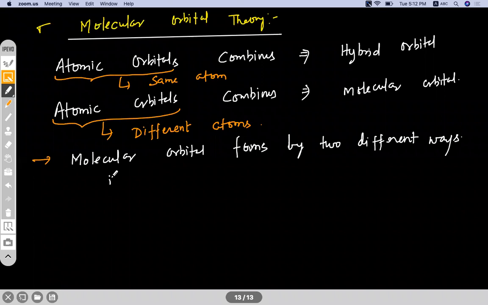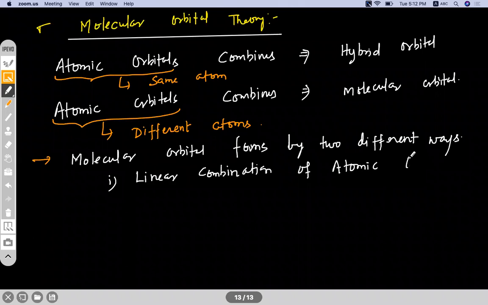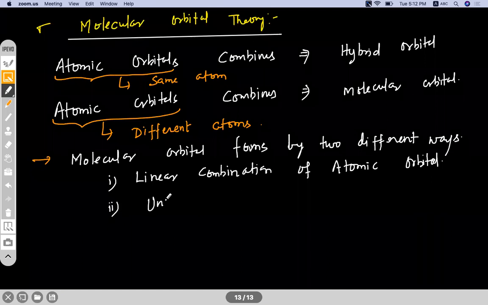The first one is linear combination of atomic orbitals, and the second one is the united atom method.